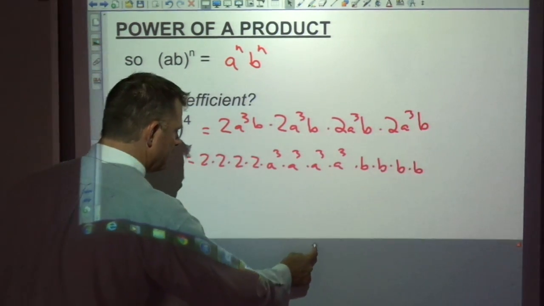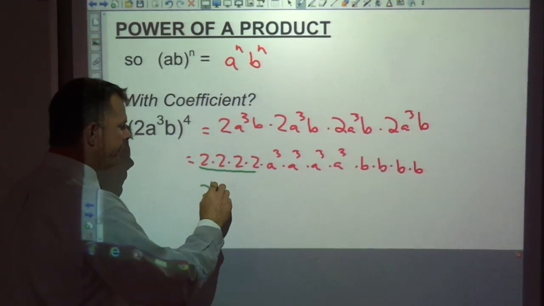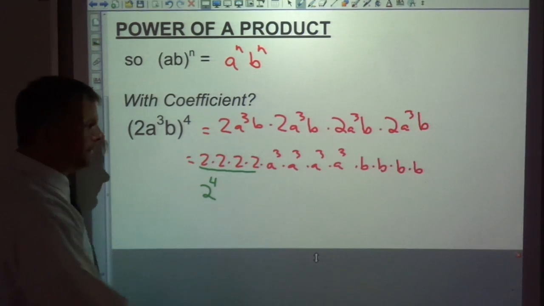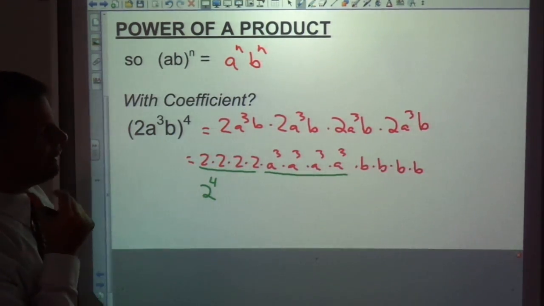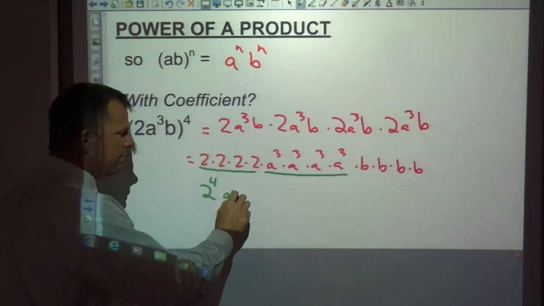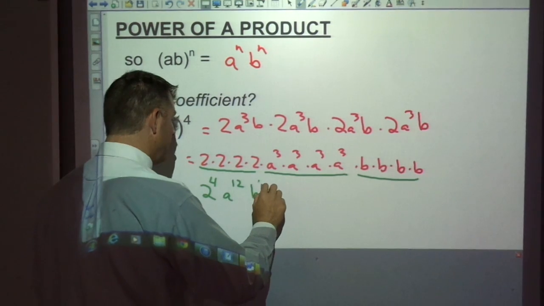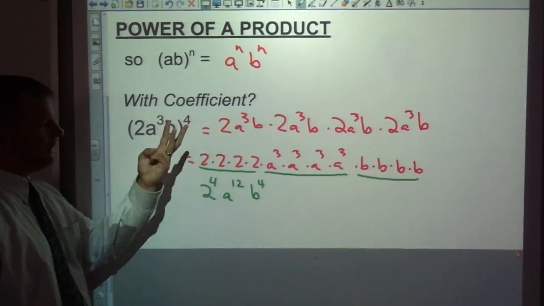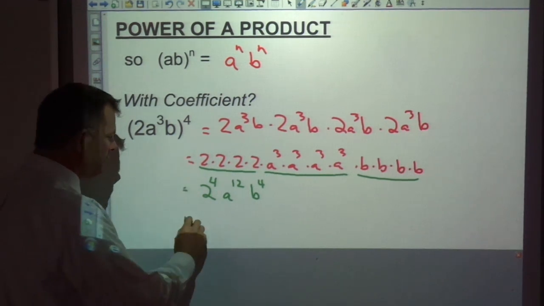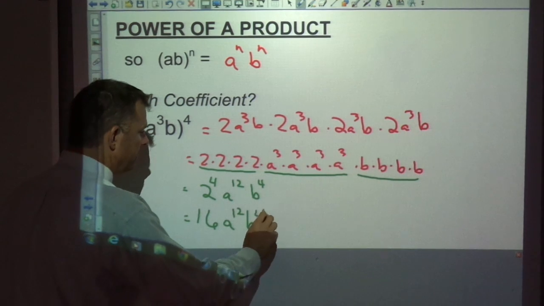So now what is this? This is 2 to the 4th. This is multiplying common bases, so add the exponents, a to the 12th, and this is b to the 4th. Now 2 to the 4th, 2, 4, 8, 16. So this is 16, a to the 12th, b to the 4th.